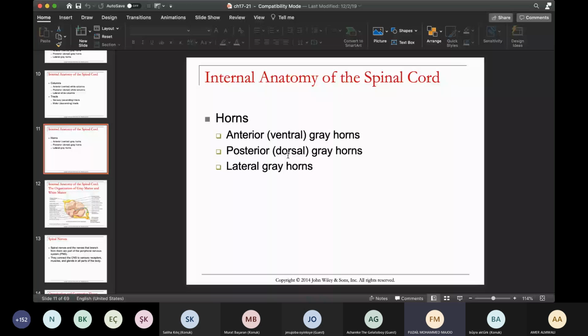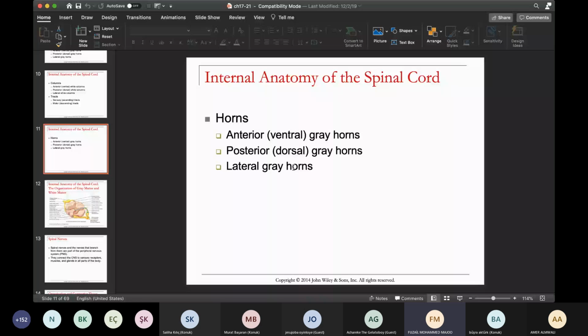Now, between the anterior and the posterior gray horns, we have the lateral gray horns. We only find these lateral gray horns in the thoracic, upper lumbar, and sacral segments of the spinal cord.